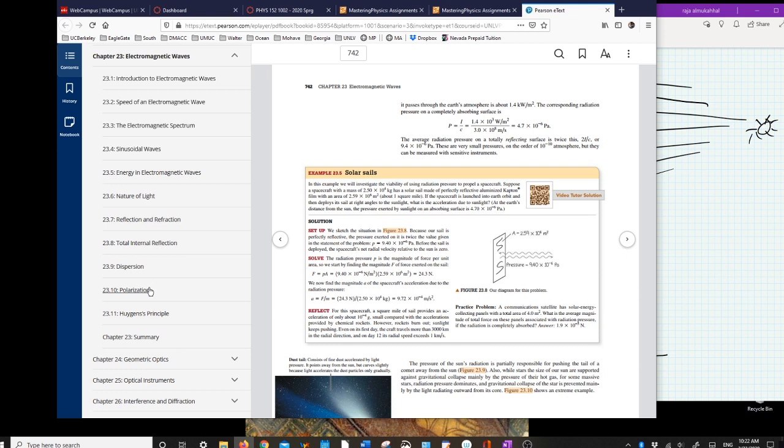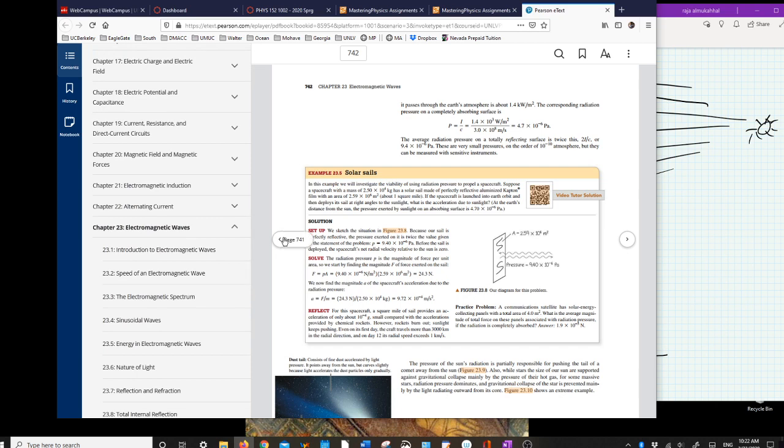We're going to be skipping polarization and dispersion, so you don't need to worry about that, but merely concentrate on reflection and refraction. This is the most important section, 23.7. I'll make a video on it maybe tomorrow or around the middle of the week. For the time being, please read only up to section 23.5, and then we'll cover the rest of the material.